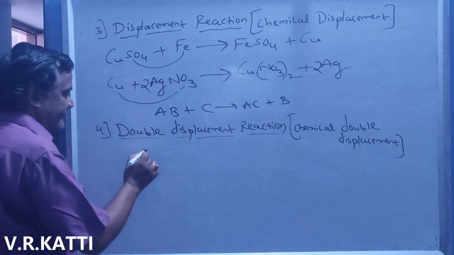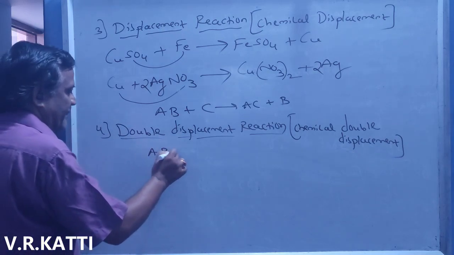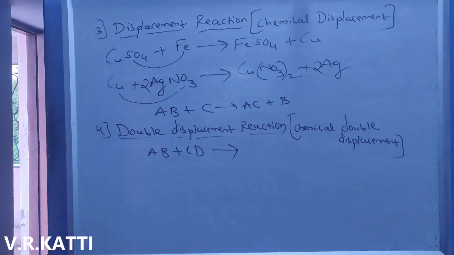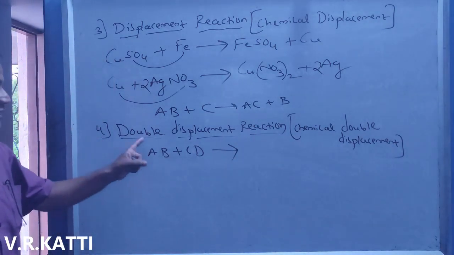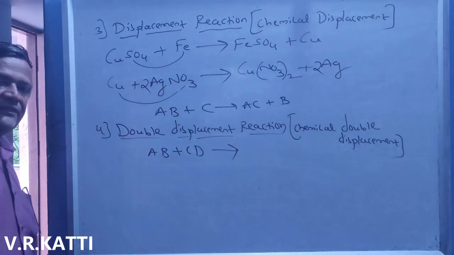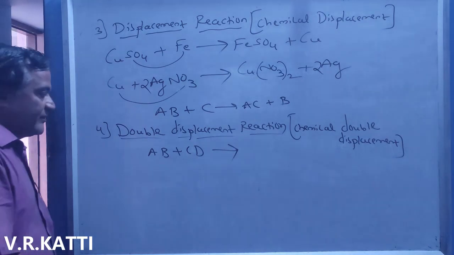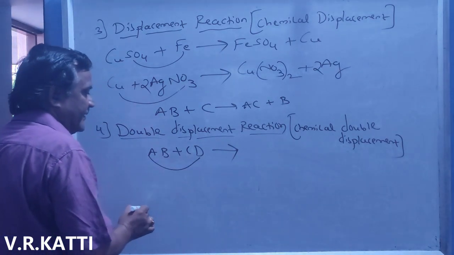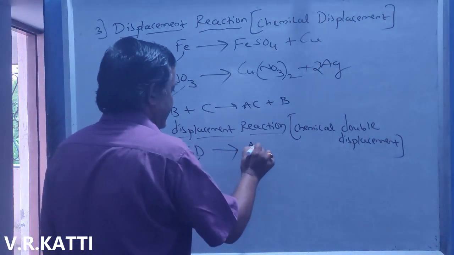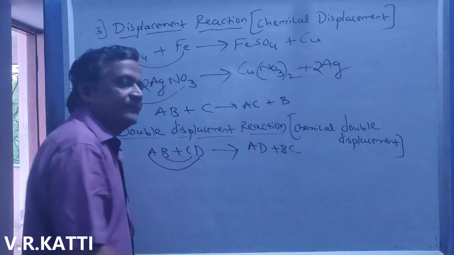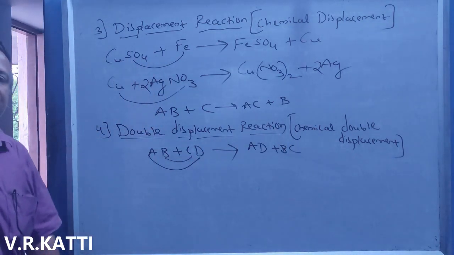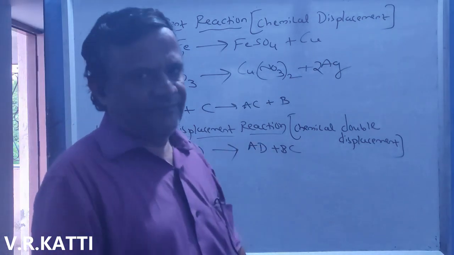General form is AB plus CD. So there is an exchange between the ions of reactant side. Here what forms? AD plus BC. So exchange, AD plus BC. So it's a general form.